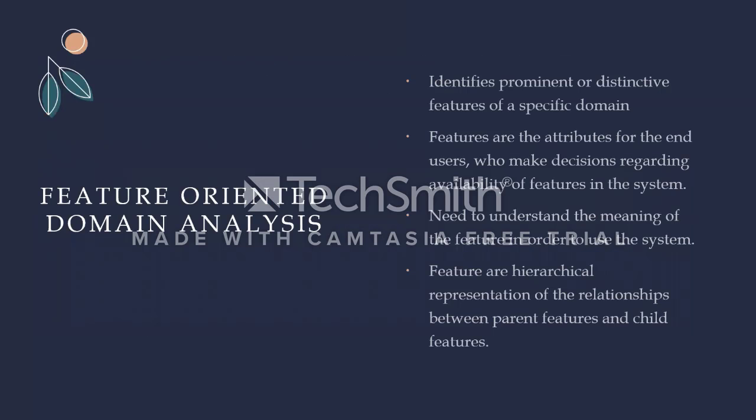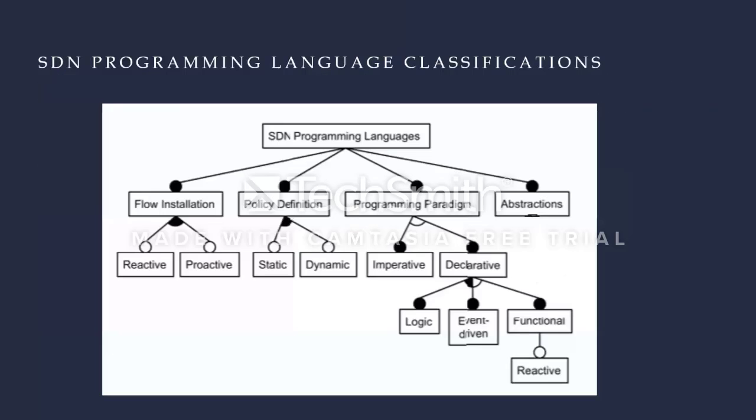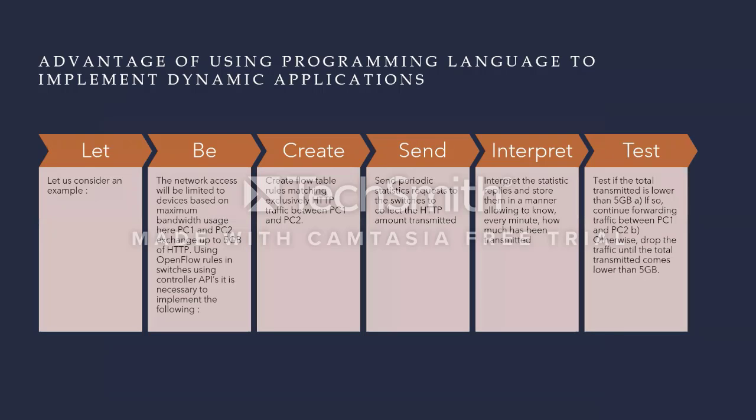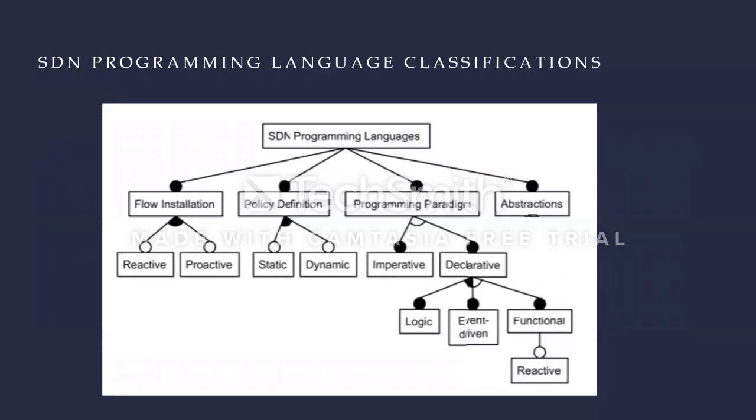So as I told you about feature-oriented domain analysis, the diagram here shows how the programming languages are differentiated according to certain features: flow installation, policy definition, programming paradigm, and abstractions.